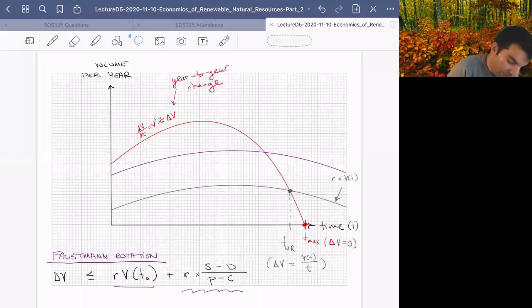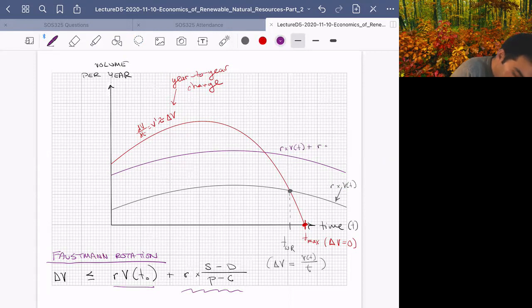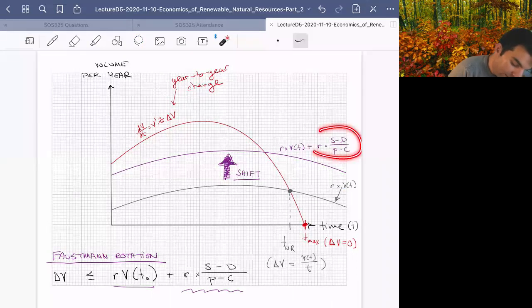Whereas this line was RVT, this line is R times VT plus R times S minus D over P minus C. So there is just a shift upwards by this amount over here.